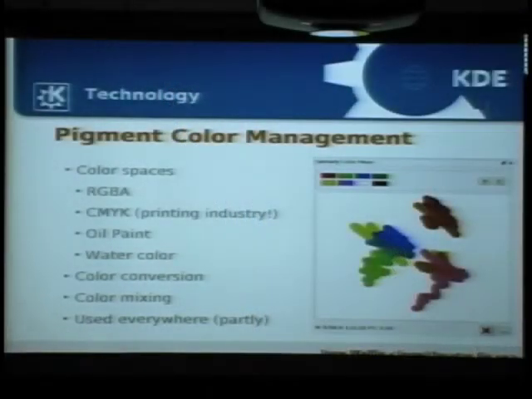Another technology that's used in KOffice is something we call Pigment, which is a color management library. Now, Office suites are often distinguished from publishing suites, mostly because Office suites can't handle color models.